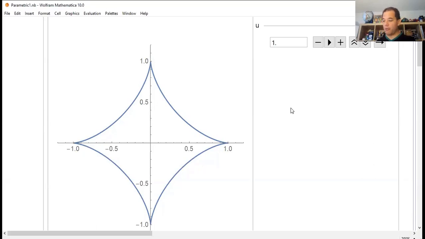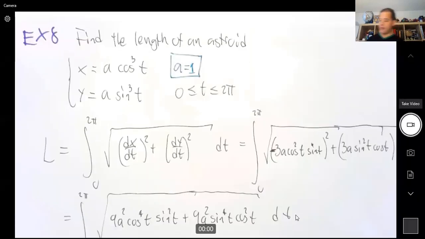Okay, and what we were talking about is figuring out the arc length of that curve. So here we go. This is what we had done last time.